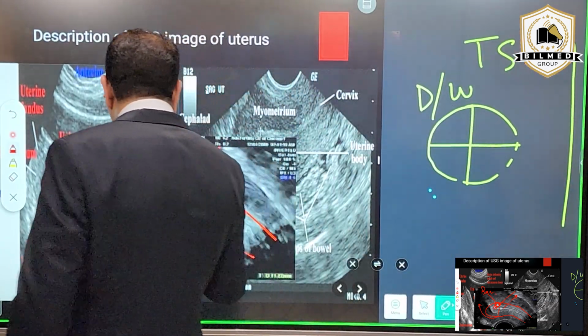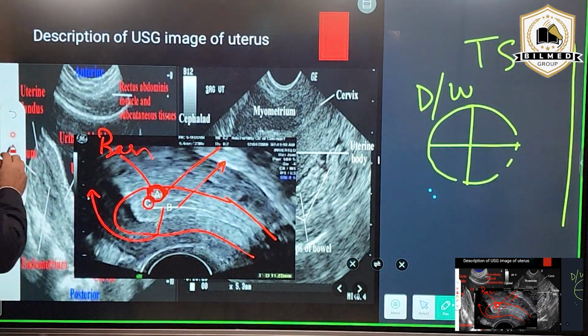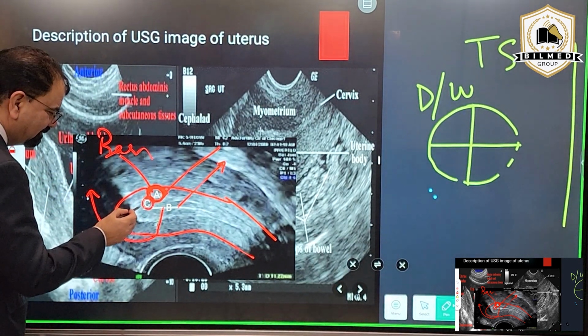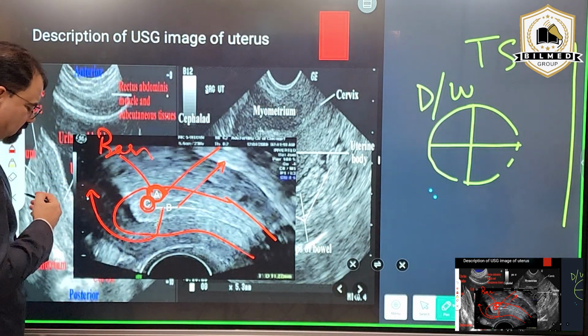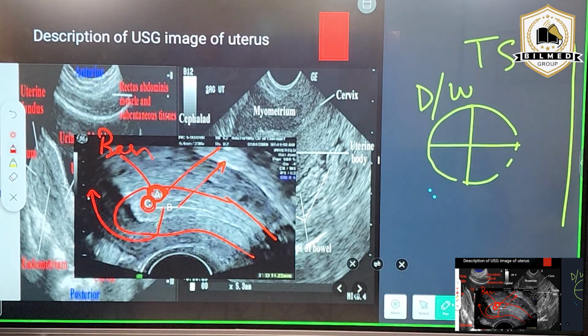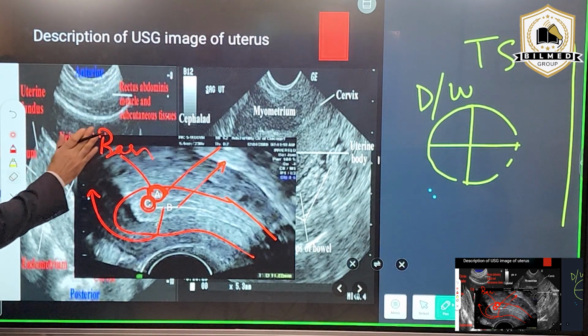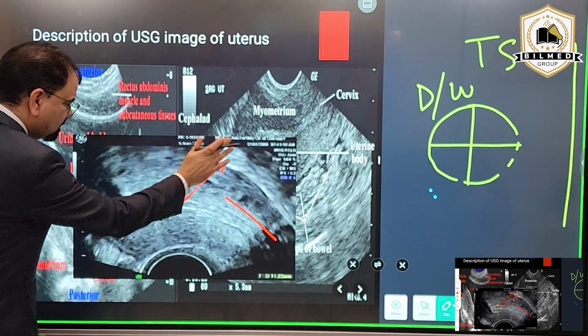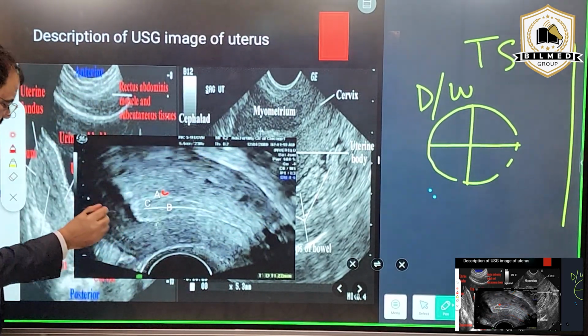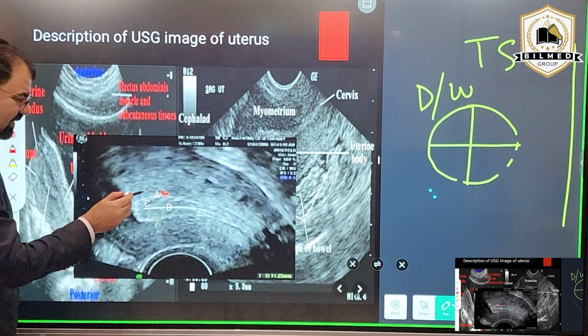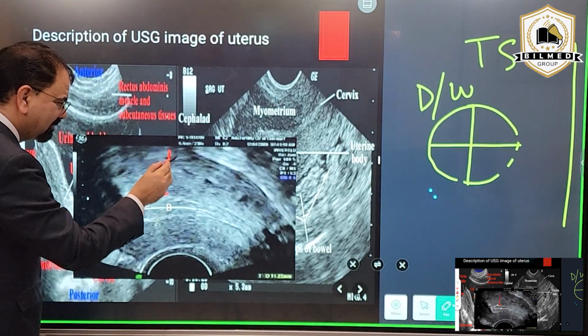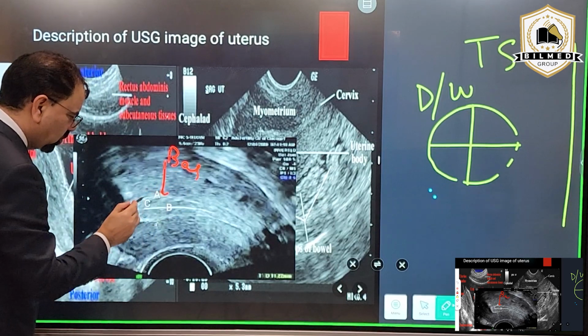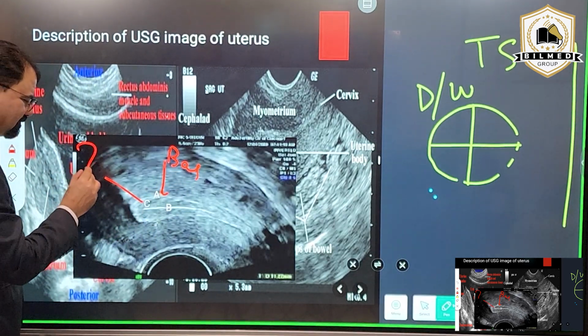Yes, sir, this is the endometrial cavity line. Now, what is the C? Any idea? Now, this C, if this A is basalis, this C is functionalis.